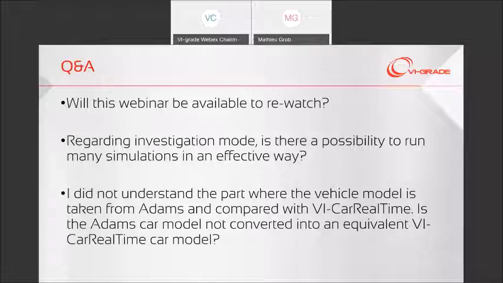Adams is a very complex multi-body model that is not real-time, and we have VIACAR real-time that is also a multi-body model that is real-time, but of course it's not exactly the same formulation as Adams. So to be sure we have exactly the same vehicle model at the end, we run some tests to compare, on the same maneuvers, the Adams car model's answer, forces and characteristics to the VIACAR real-time twin car model that we have just created from the Adams car model.